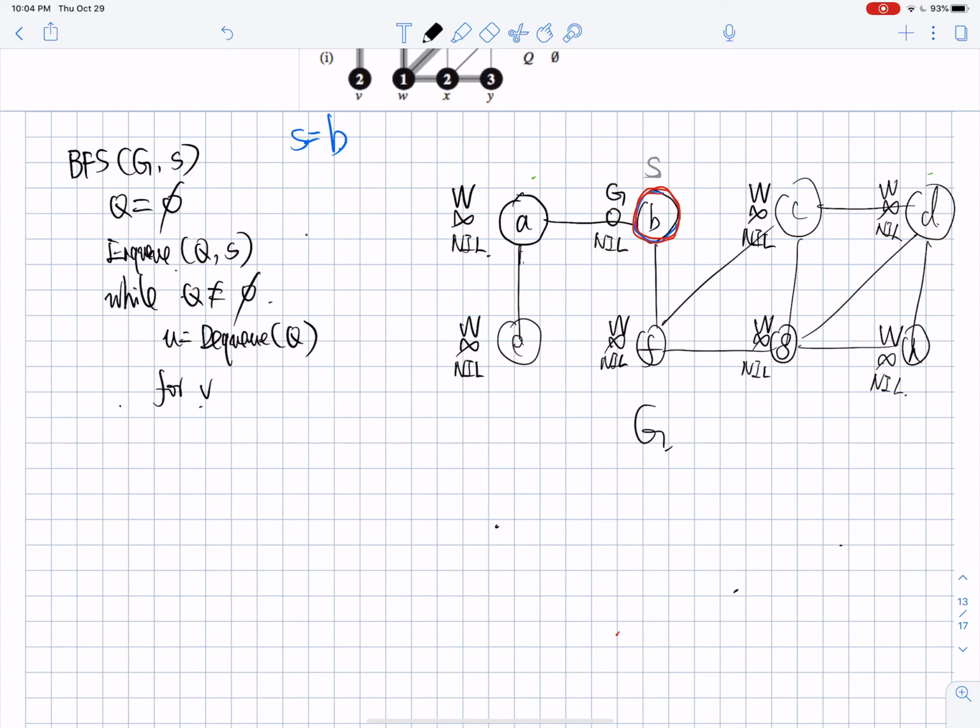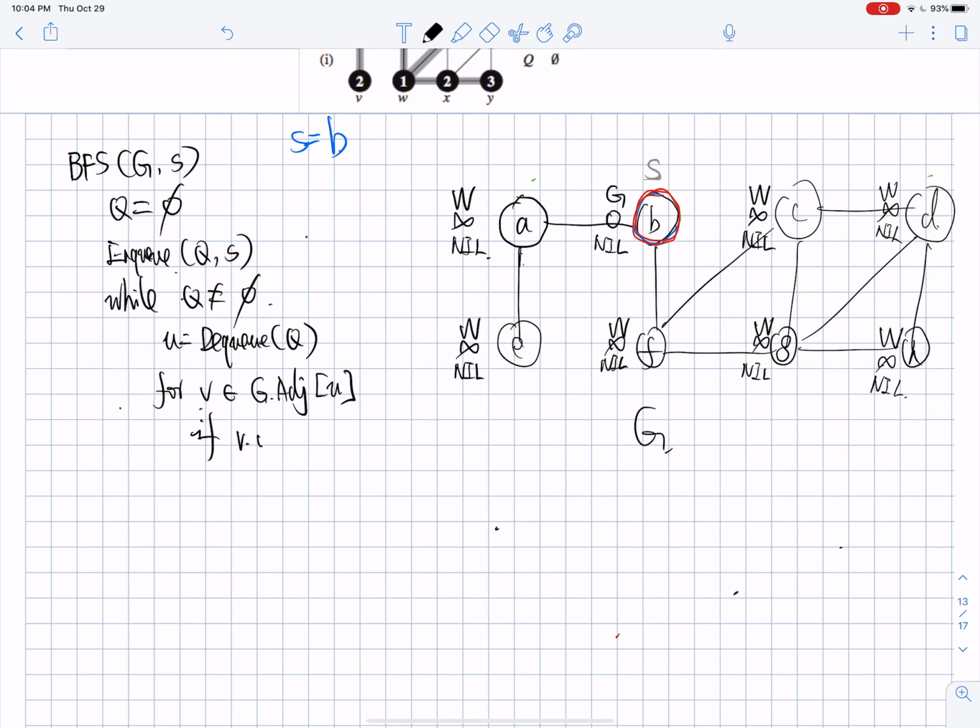For each node v that is adjacent to u, if v.color is white, we set v.color as gray, we set v.d as u.d plus 1, we set the parent of v as u, and finally we enqueue v.